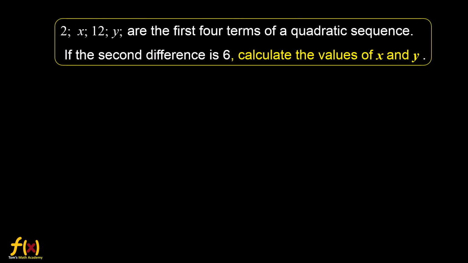Okay, so that is another indirect question. 2, x, 12, y are the first 4 terms of a quadratic sequence. If the second difference is 6, calculate the value of x and y. Okay, so we start and go up to the second difference.